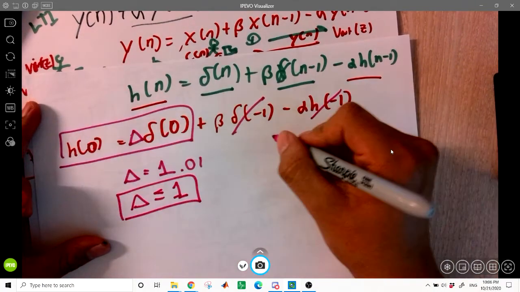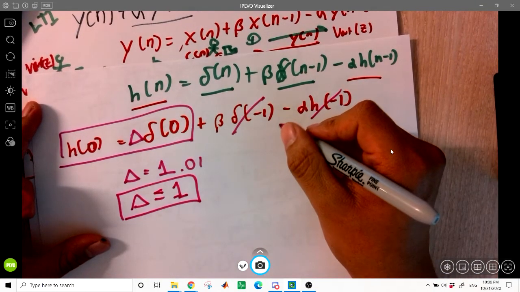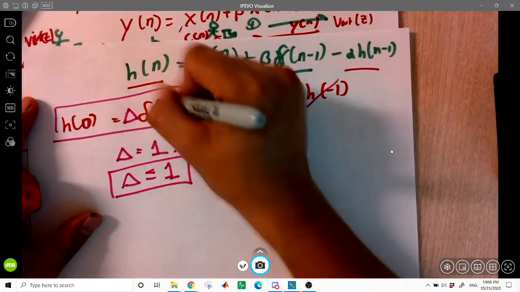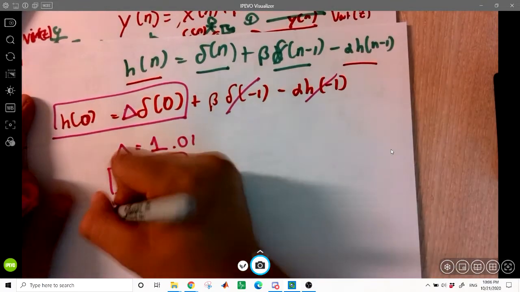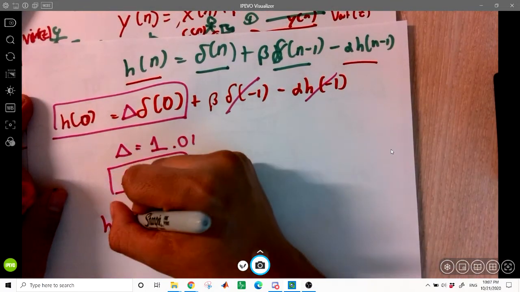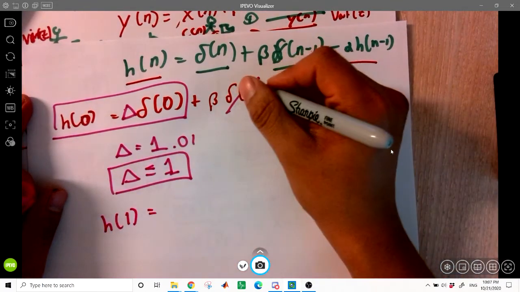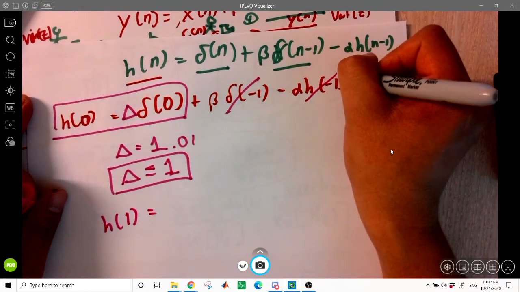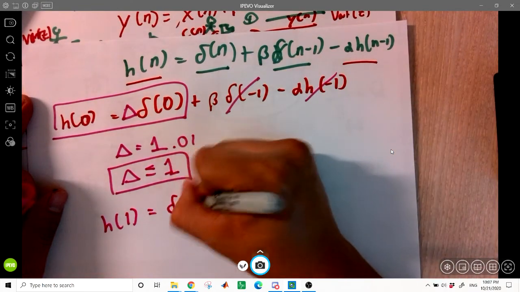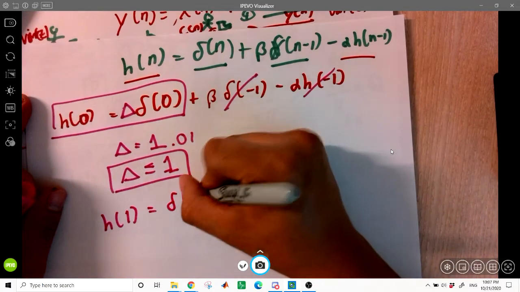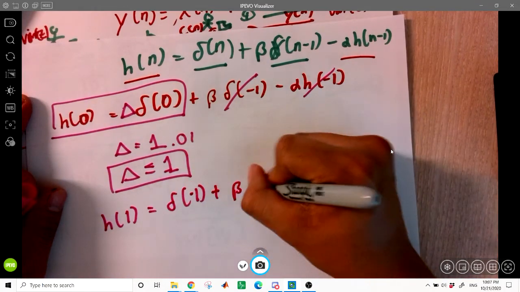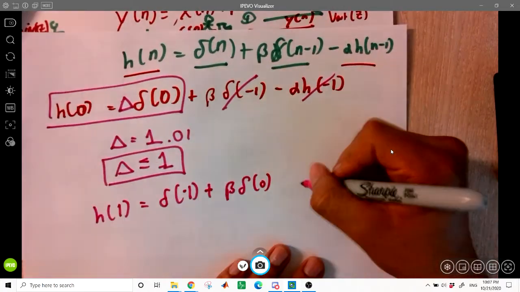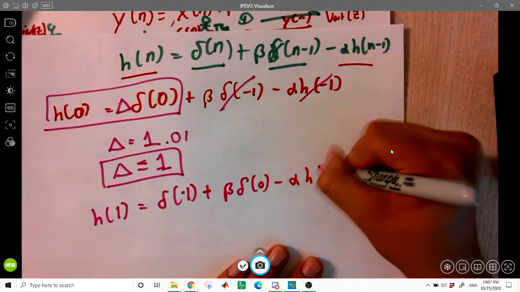However, this problem is too simple. If you have a more complex system, let's say this is gone and you have these two terms, you would have to keep solving for h of 1, which is equal to delta of 1 plus beta delta of 0 minus alpha h of 0.